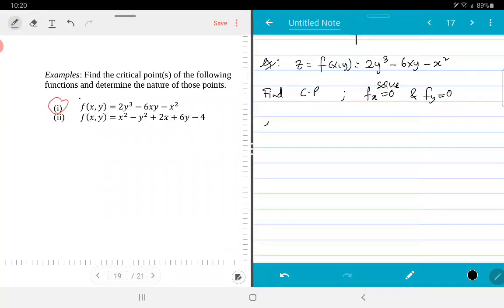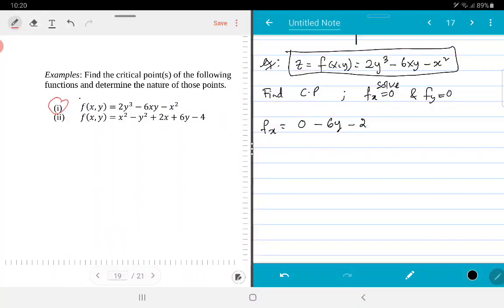Okay, let's find partial f partial x. We differentiate f with respect to x by holding y as a constant. The first term will give us 0. The second term will give us negative 6y. The third will give us negative 2x.